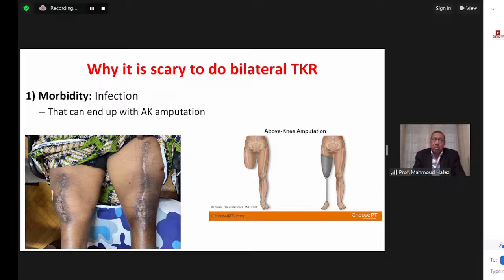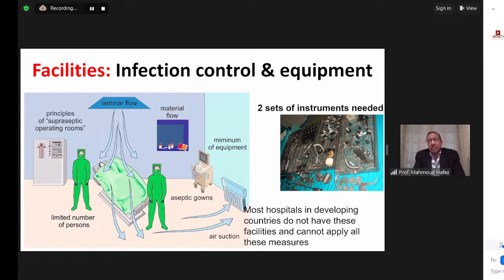Above-knee amputation is very, very bad. Below-knee amputation has good function, no problem with it; it has indications and patients are happy. But above-knee amputation is a completely different story. If you have a bilateral above-knee amputation, I think the patient will say they would rather die than have this operation. So how can we control infection in order to do bilateral?